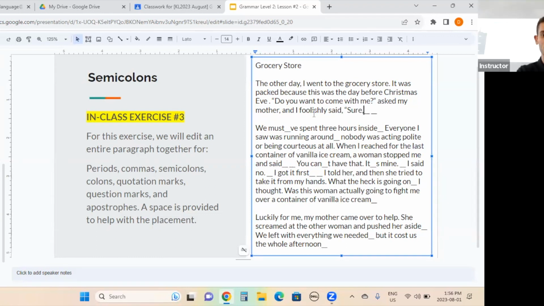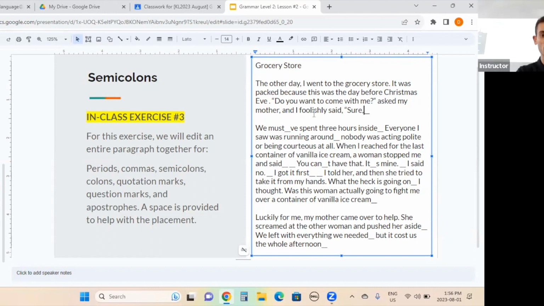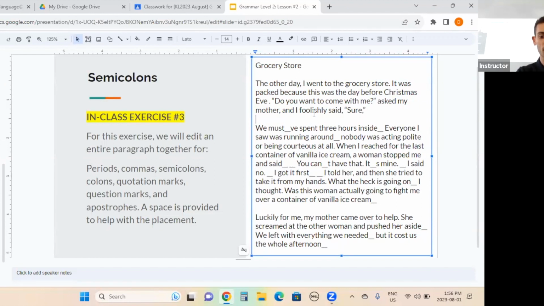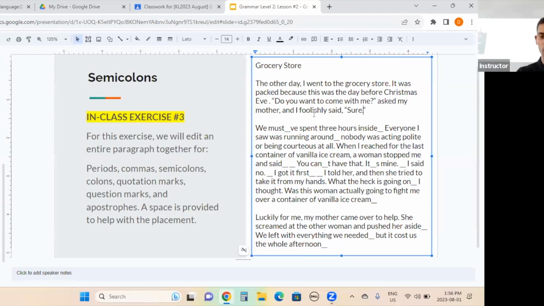I think it's... No, I said quotation mark. This is the end of our line of dialogue. Don't forget. So it's not a comma. It's a period. Yes, there we go.